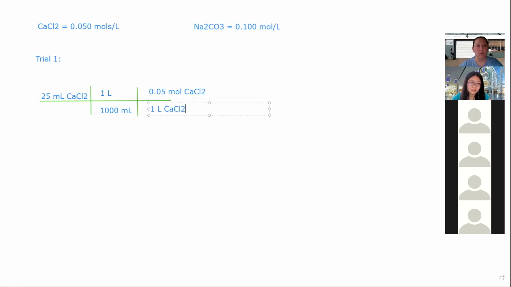Okay, so let's cancel some things out here. So our milliliters are going to cancel out. Our liters are going to cancel out. And the unit we're left with is moles. So now we need to multiply the top and divide it by the bottom. So 25 times 0.05 divided by 1,000.